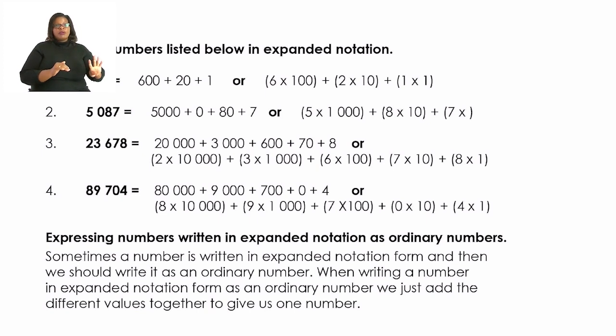If you write it in expanded notation, the value is 80,000 plus 9,000 plus 700 plus 0 plus 4.